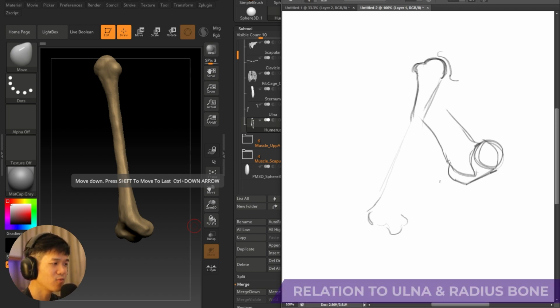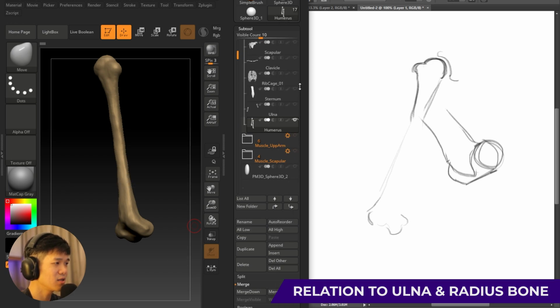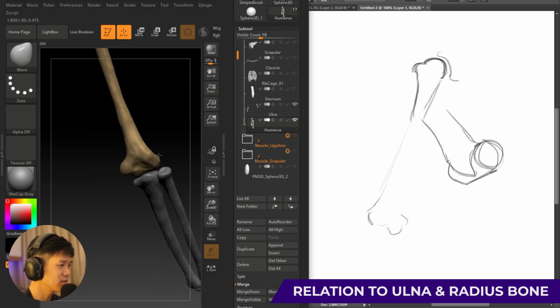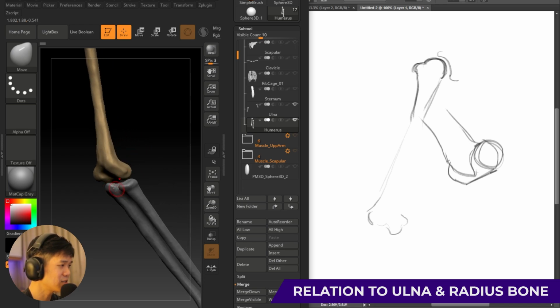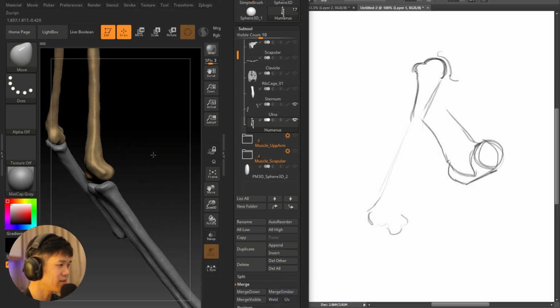And this is in relation to the ulna and the radius bone over here. As you can see, this is where this piece of bone rotates and moves around, right?